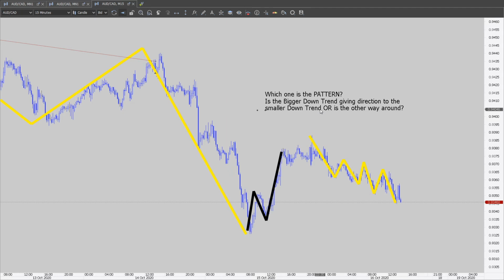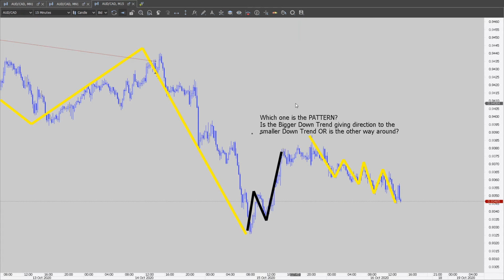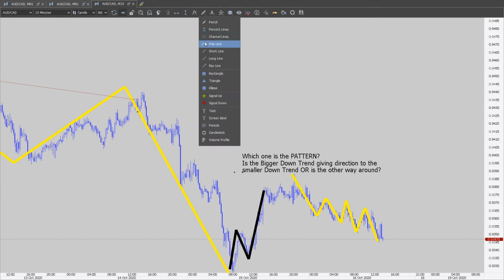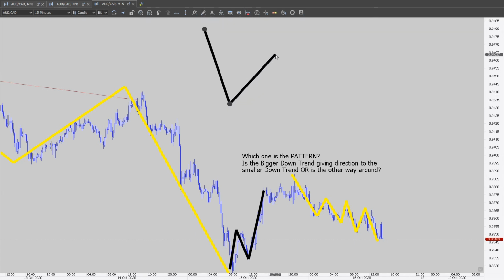And what are the risks involved? You know, what are the risks involved? And this is basic stuff. I'm going to help you a little bit. This is the pattern.